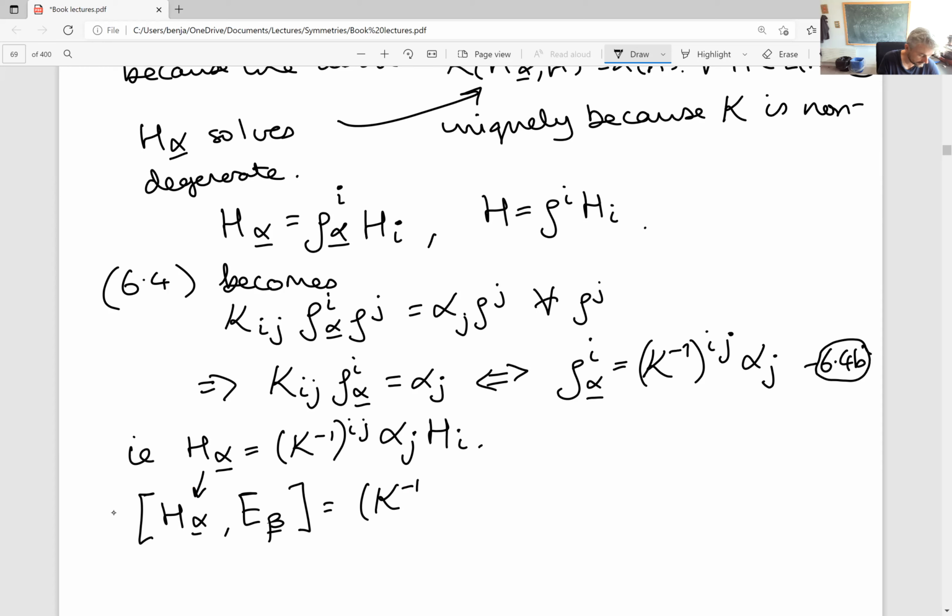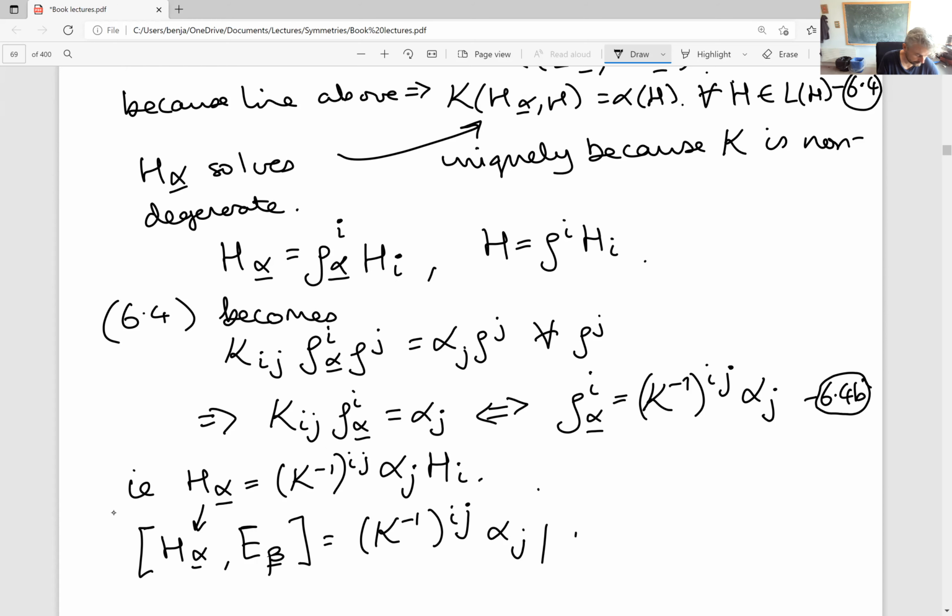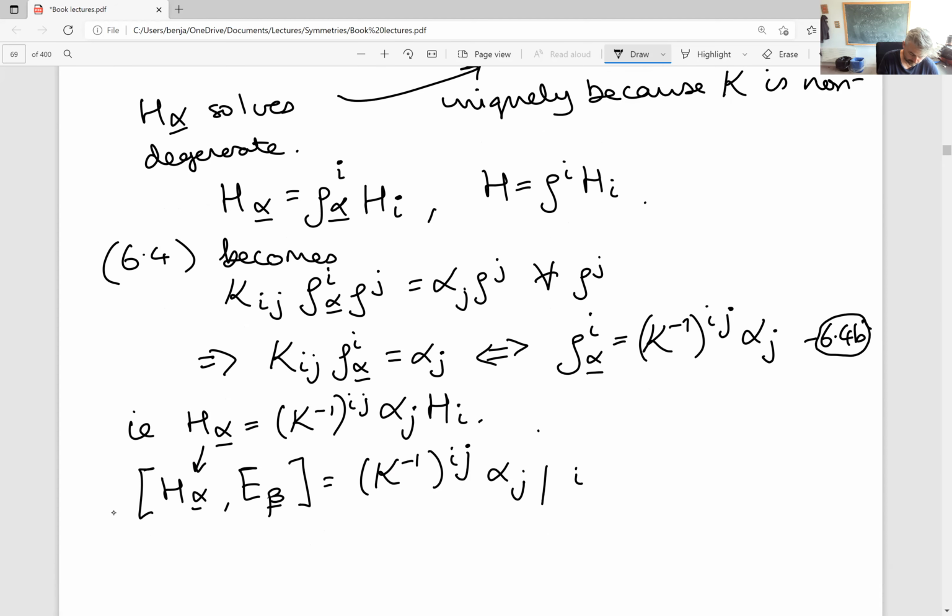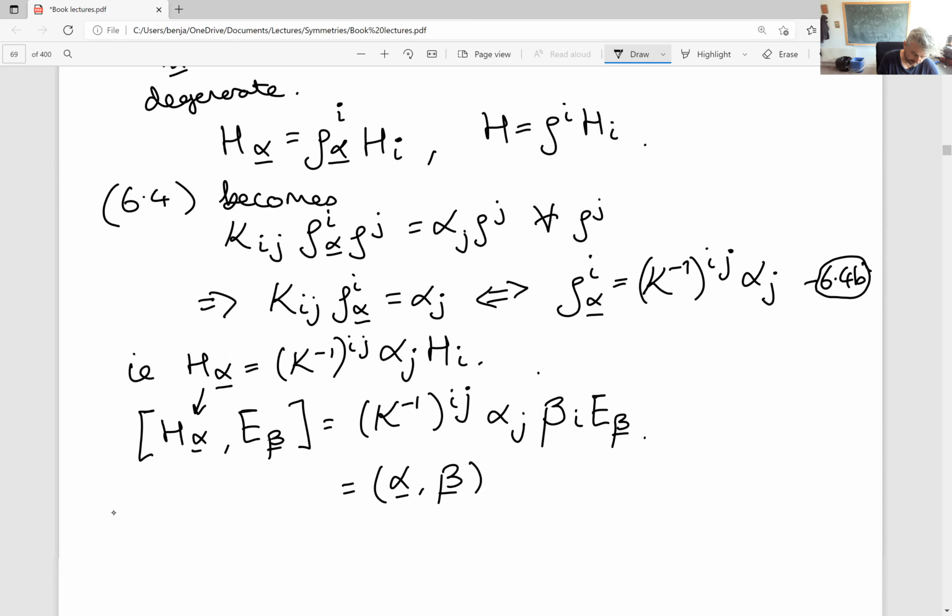Now this is kappa^(-1)_ij, and we get alpha_j beta_i, E_beta. So if you look, this is equal to an inner product of alpha and beta times E_beta. And remember, this is for all alpha and beta in the root set.